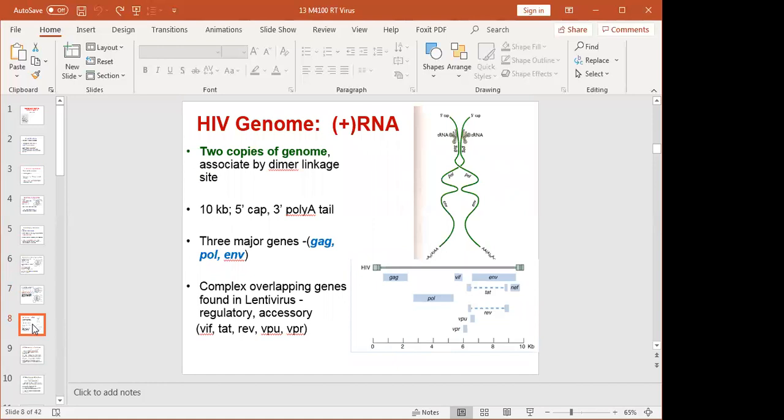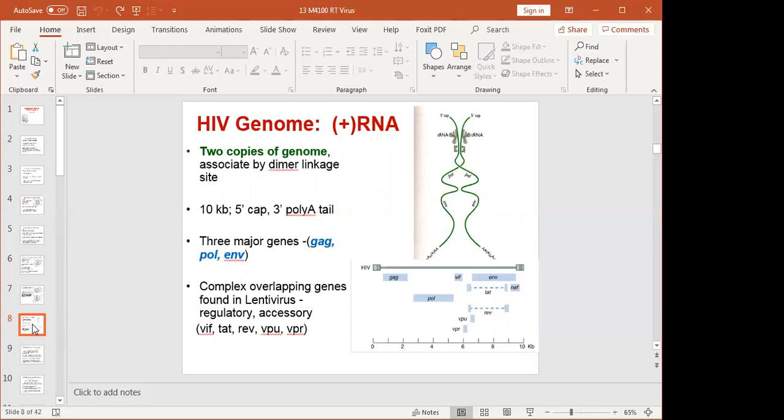Slide number 8. The HIV genome is a positive single-stranded RNA, yet we have 2 copies of this positive strand. These 2 copies associate with each other by a region called the dimer linkage site.